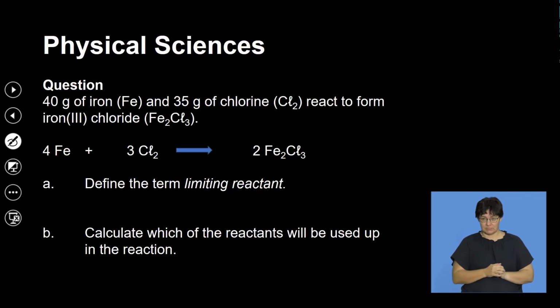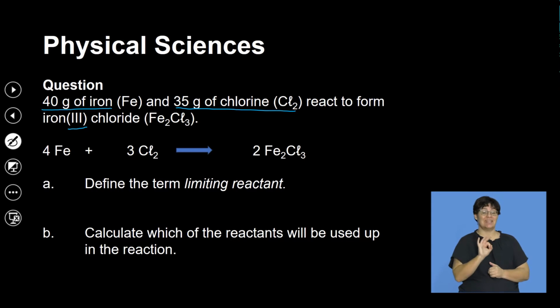Now we have 40 grams of iron metal and 35 grams of chlorine. These are the quantities in terms of mass that are given. These two react to form iron(III) chloride. Very important in terms of the chemical formula: iron(III), because iron is a transition metal, simply says to us that in this ionic compound, iron has an oxidation number of 3+.